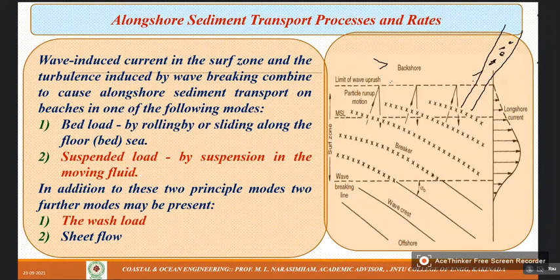So coarser material will get deposited in this region, and it will be moving along shore.